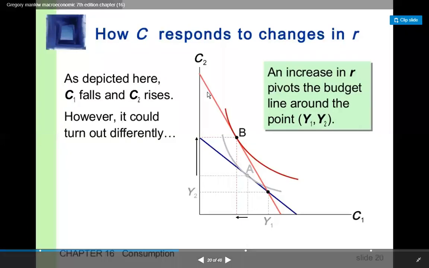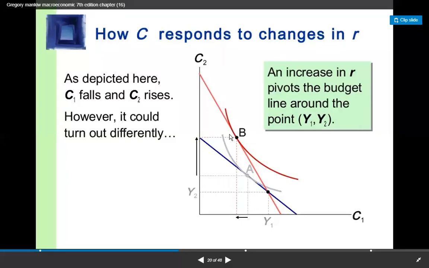Okay, now as interest rate rises, we are on the new budget constraints that is in the red color, and consumers are in the optimal condition at the optimal level of consumption at point B, where the red color budget constraint is tangent to the highest possible indifference curve at point B, where consumer consumes more of C2, you can see here in the arrow.